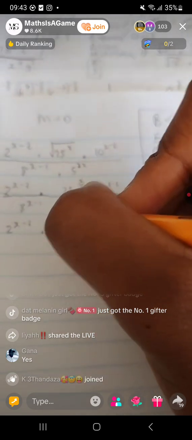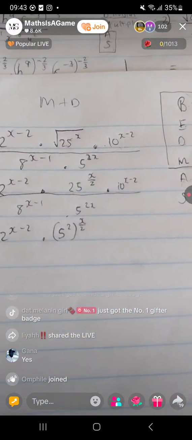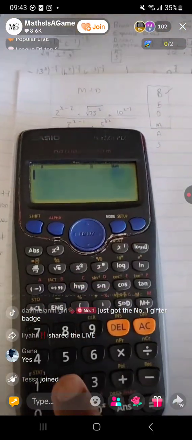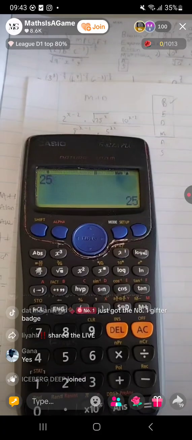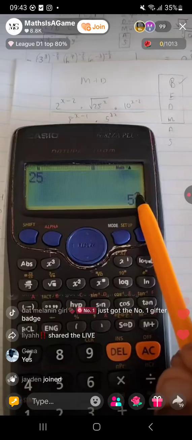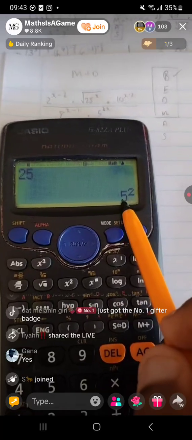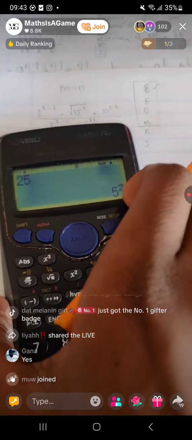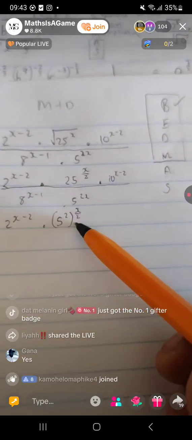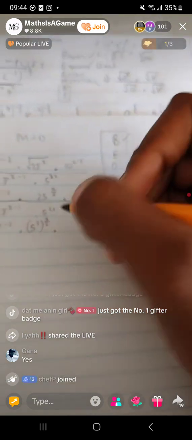25 is 5 squared. How do we know? On the calculator, 25, shift, fact, gives 5 squared. This base 5 is a prime number. So we can just write the 5 squared, then x over 2 outside. Now 10.